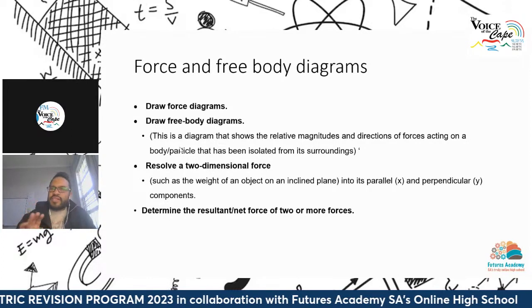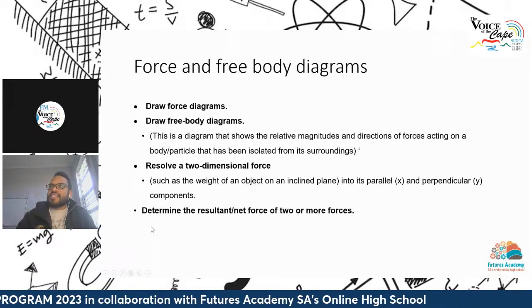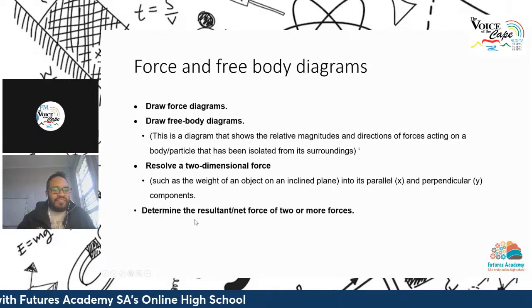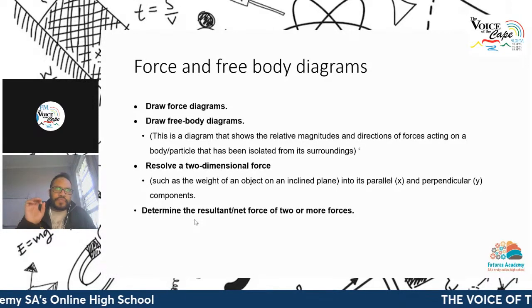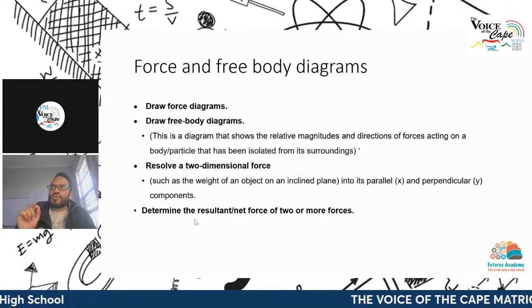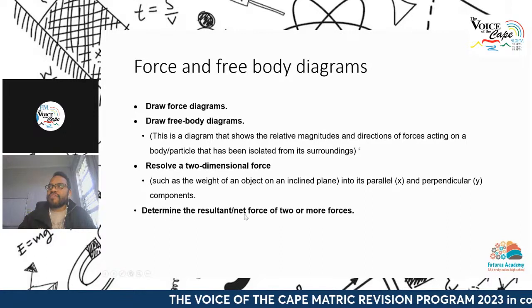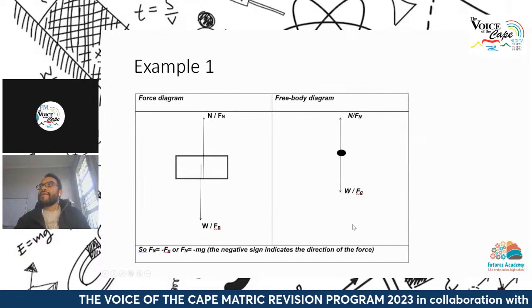And we're going to show you this in a bit. And then lastly, determine the resultant or the net force of two or more forces. So here in grade 11, you've come across being able to draw the resultant force when we are summing up forces. That was something that you covered in the grade 11 year.